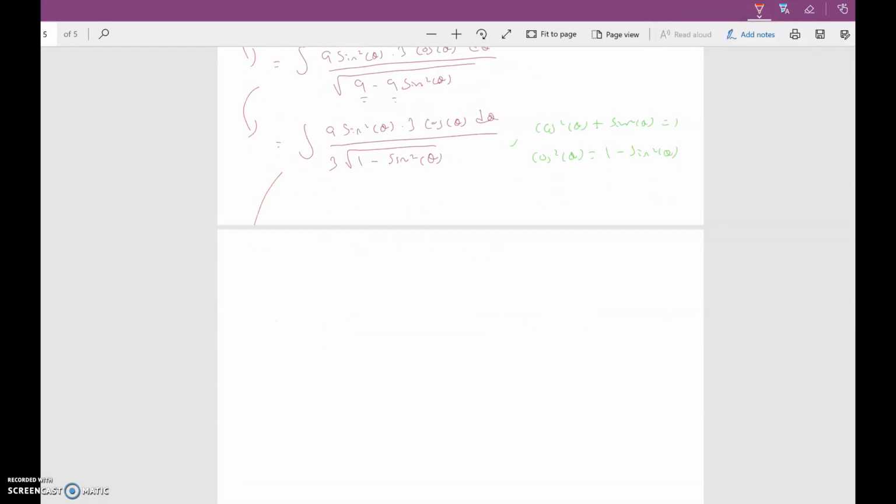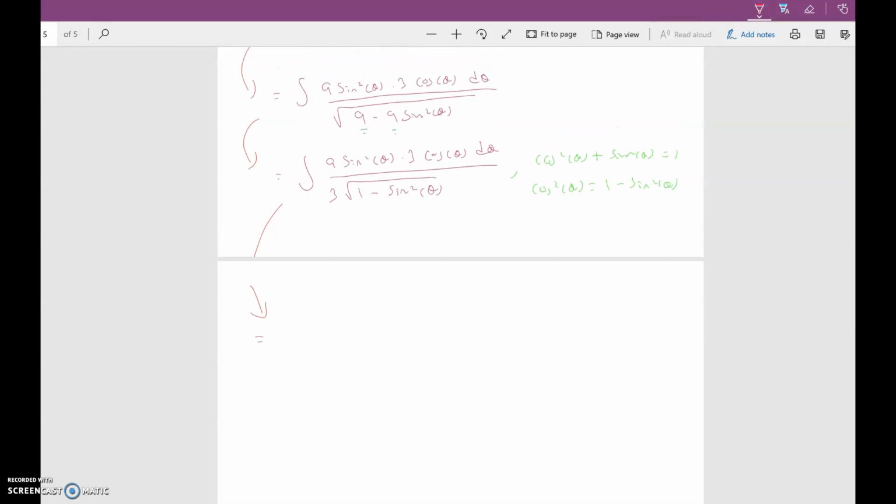Let me just take this to the next page. At this point, let me cancel the 3's so that we don't carry that. We still have the integral, and I'm just going to put the 9 on the outside.